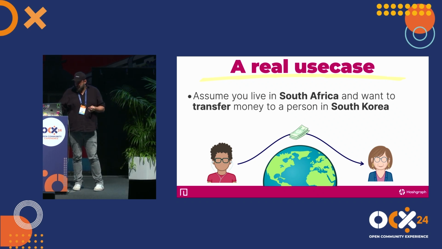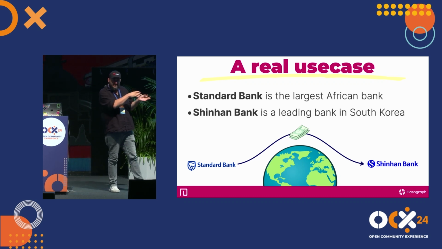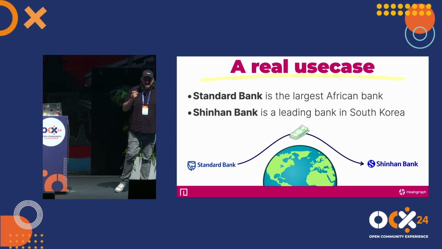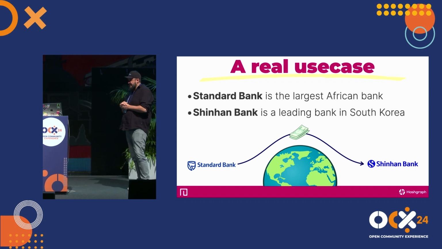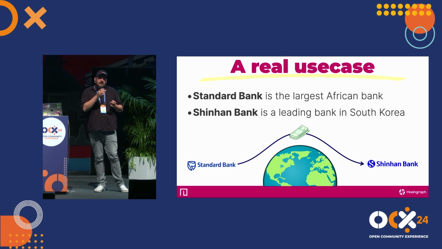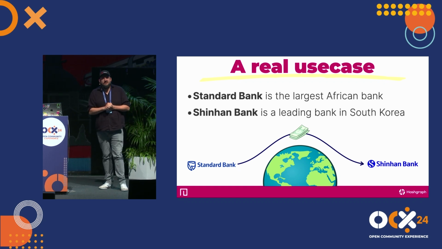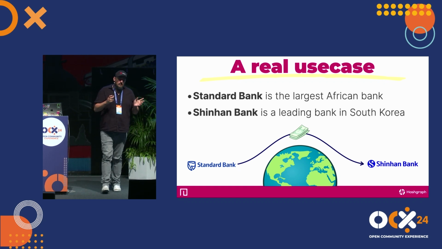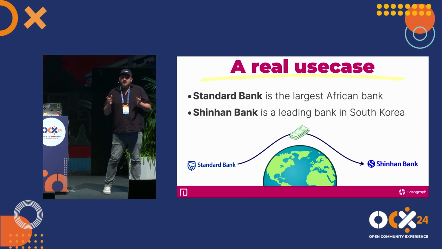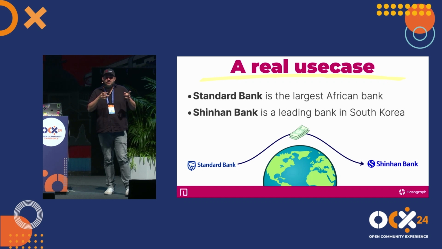To be more concrete, maybe you have an account at the Standard Bank, which is the largest bank in Africa, and maybe the other person has an account at the Shinhan Bank, which is a leading bank of South Korea. So what do you think, how much does it cost to do a transaction of money from bank A to bank B? Any suggestions?